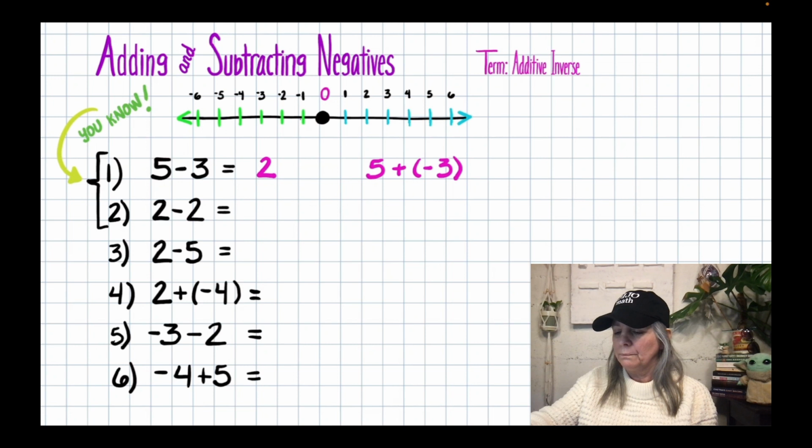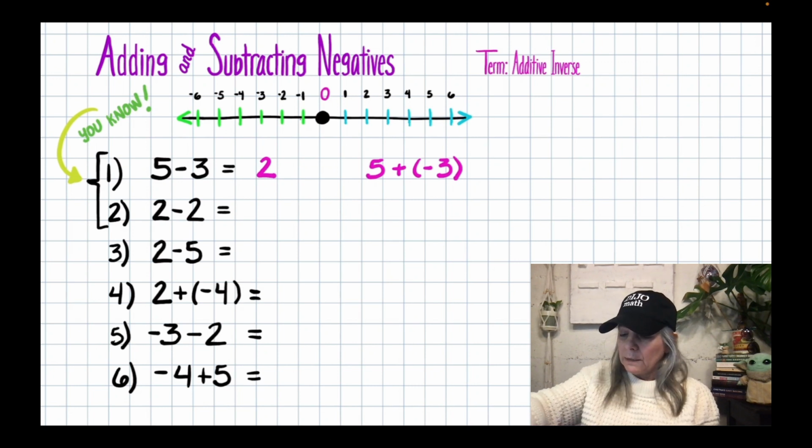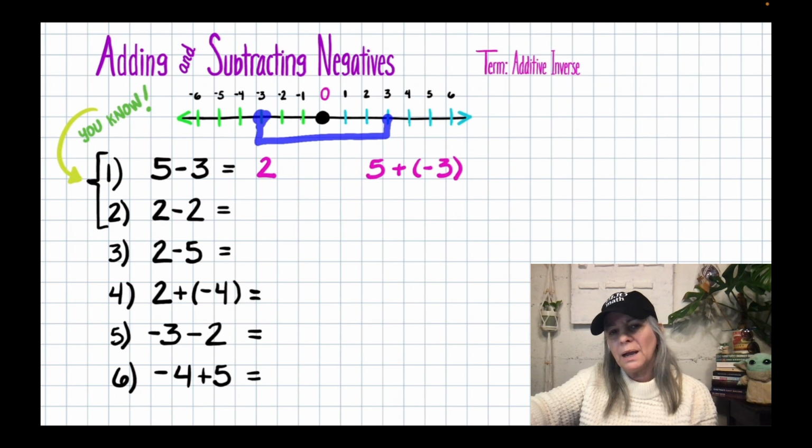In this one, 3 is negative, and we're adding the negative. And all that means is we've got 3 here, and we've got its additive inverse here. And what that means is when you add 3 and a negative 3 together, you get 0.